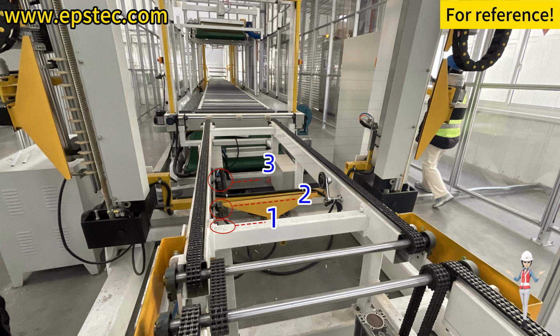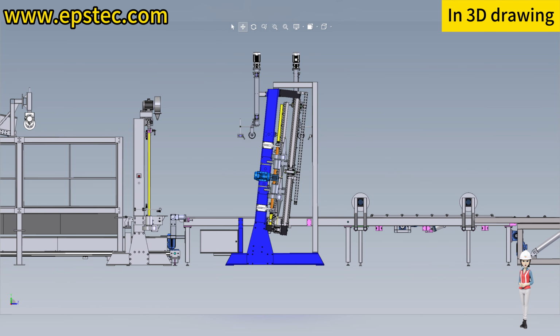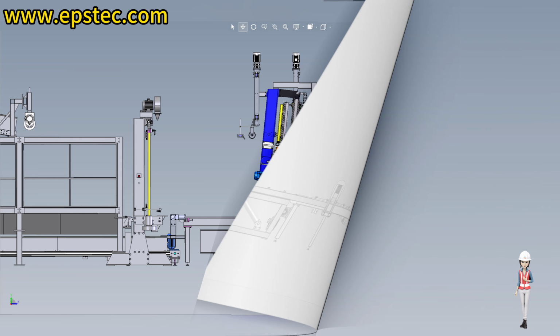When the tail of the EPS block leaves the position of the third photoelectric sensor and there is no EPS block at the position of the second photoelectric sensor, the above actions end, and the cutting wheel stops heating, the cooling fan stops, and horizontal vibration cutting stops.